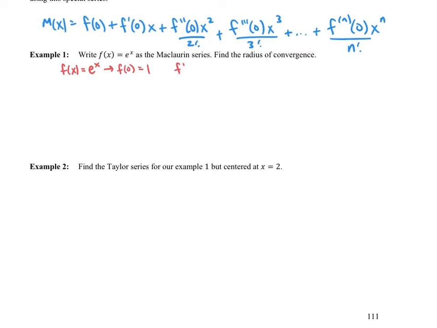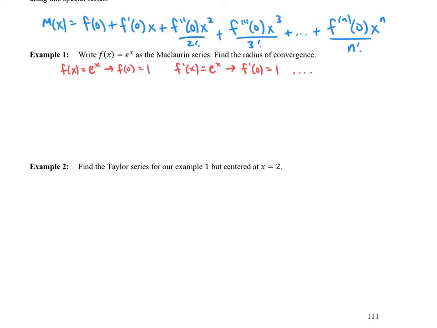We have f prime of x, which is of course e to the x, and the derivative at 0 is 1. You could continue this process because remember the derivative of e to the x is e to the x. So no matter what, any level of differentiation evaluated at 0 will be 1.